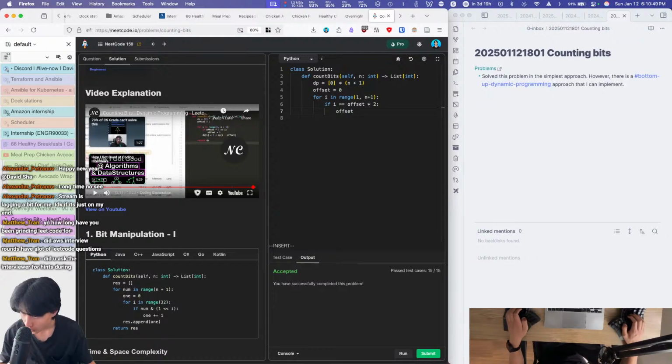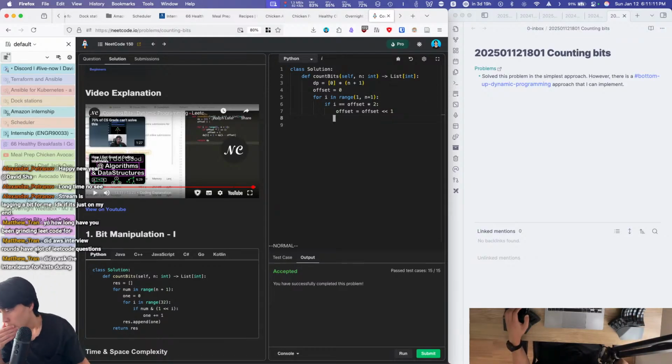gets left shifted, right? Left shifted 1. If you start from 0, you left shift 0, is that not just still 0?